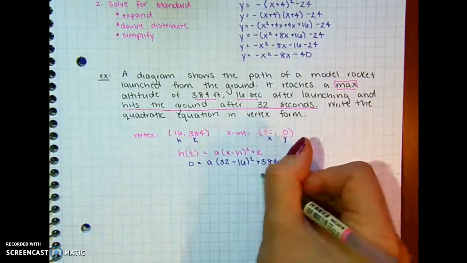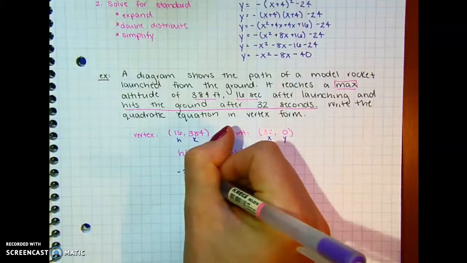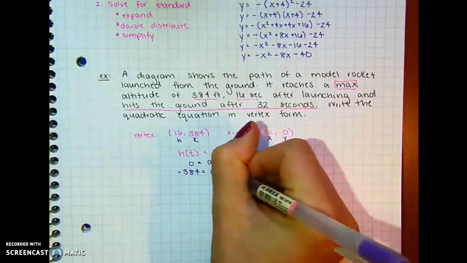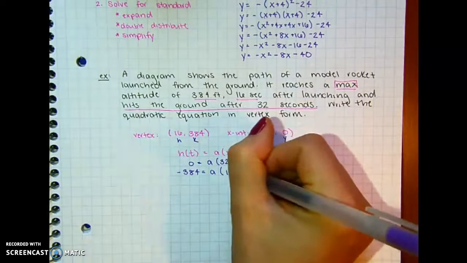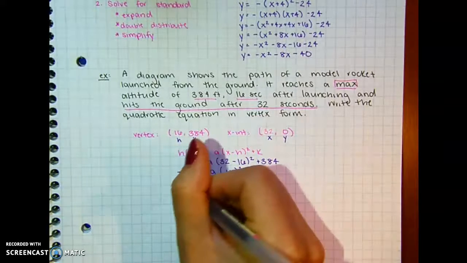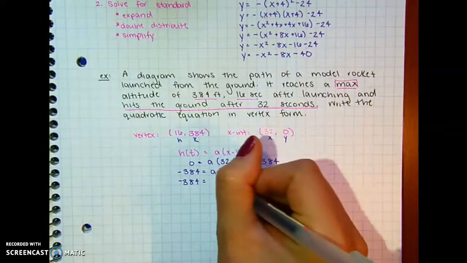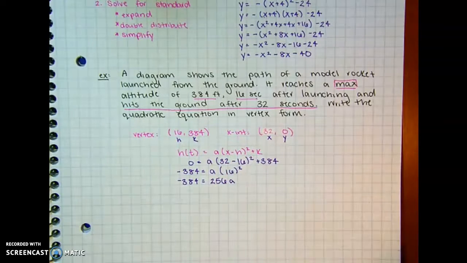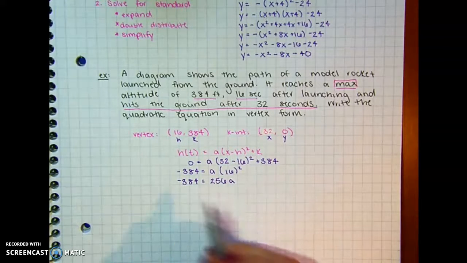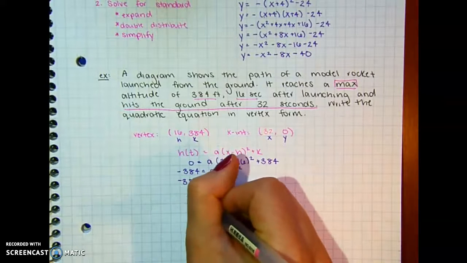All right, let's get to it. I'm going to subtract over this, so I have negative 384. 32 minus 16 is positive 16. 16 squared is 256. And then I'm going to divide both sides, and that reduces to negative 3/2.